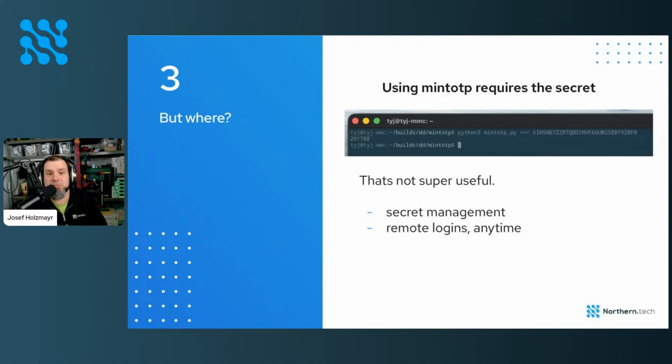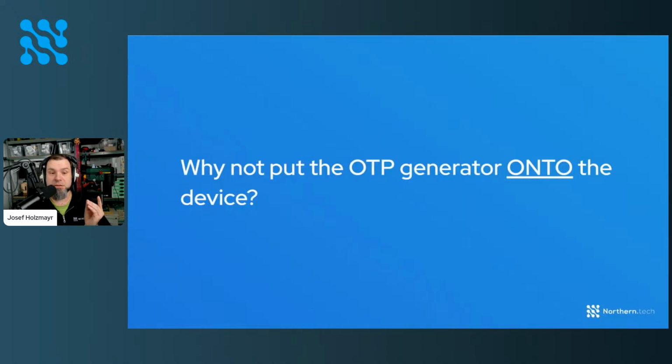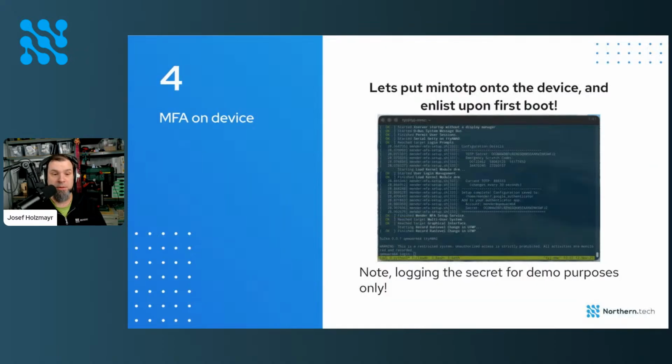It's just another thing I need to do during the login. That is correct. So why not put min_TOTP directly onto the device too. And you probably are like, what, doesn't that defeat the meaning of the OTP? And I say, no.